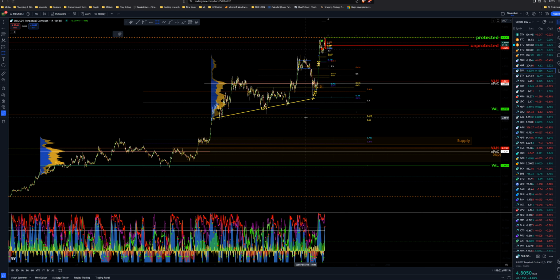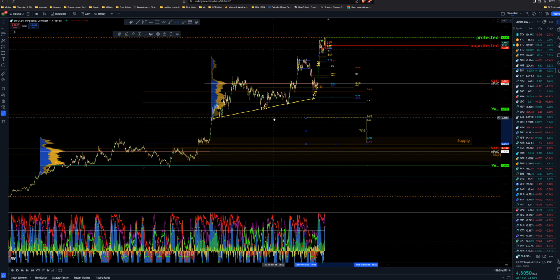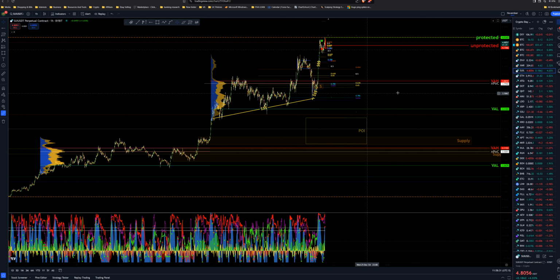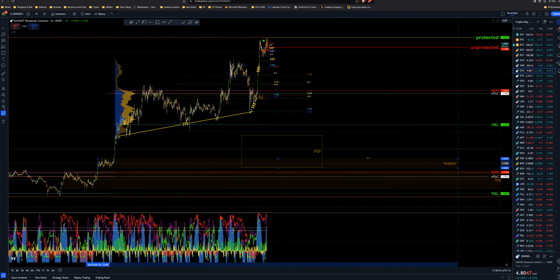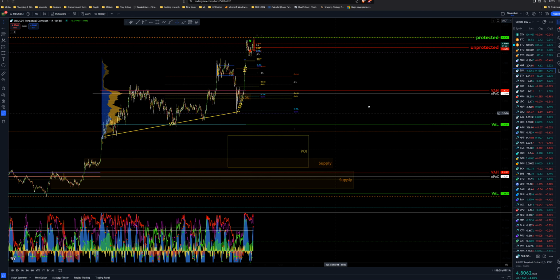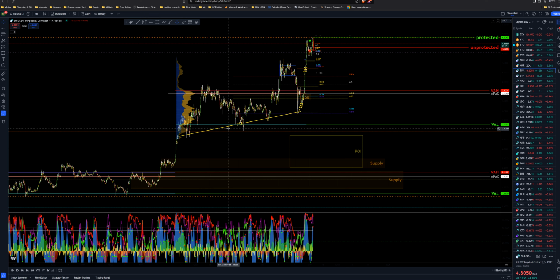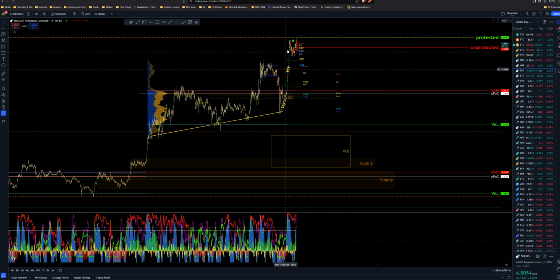I'm not going to mess around with all the levels, so I get rid of some of this noise, make it prettier for y'all. I don't know why I drew these things down so far. Supply down here, really looking for this to get hit. It just seems no-brainer we start to make our way down towards these. Personally, it's so primed. It's absolutely so primed.